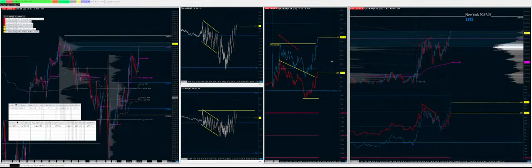I've covered the different types of divergences in the past, and this particular type where our price is higher and our deltas are lower, that is considered an exhaustion divergence. Sometimes they play out really nice, but generally speaking, you want to see an absorption divergence.